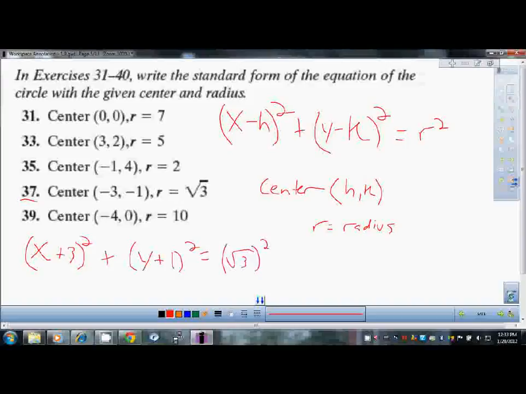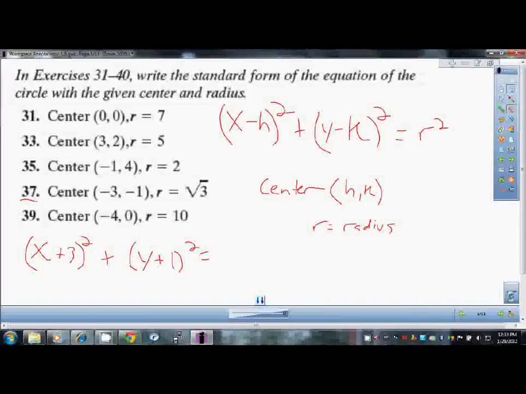Square root of 3 squared is the same as what? Just 3. So you can just take out this middle. Y minus k, yeah. This is 37.